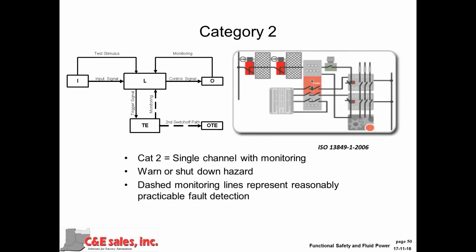Category 2 is still a single channel control. A single failure will still lead to the loss of the safety, but I have some level of monitoring which either warns or perhaps even prevents further cycling of the hazard until the error has been detected.